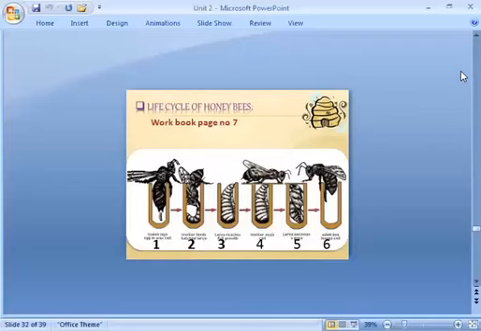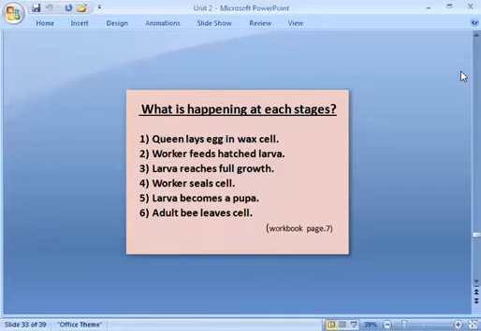Number 4. Worker seals cell. Number 5. Larva becomes a pupa. And number 6. Adult bee leaves cell. What is happening at this stage? Students, this slide will help you to solve your workbook, page number 7, to complete the life cycle of honeybee.